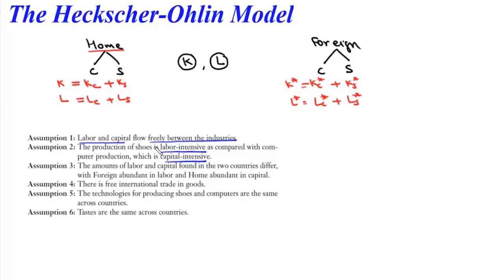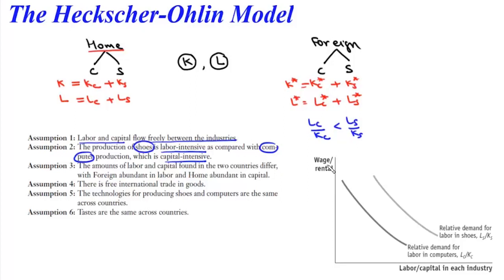This means LC upon KC is less than LS upon KS. If we consider the graph between wage upon rentals and labor upon capital for each industry, the graph of LS upon KS is above the graph of LC upon KC, indicating shoes is labor intensive whereas computers is capital intensive.